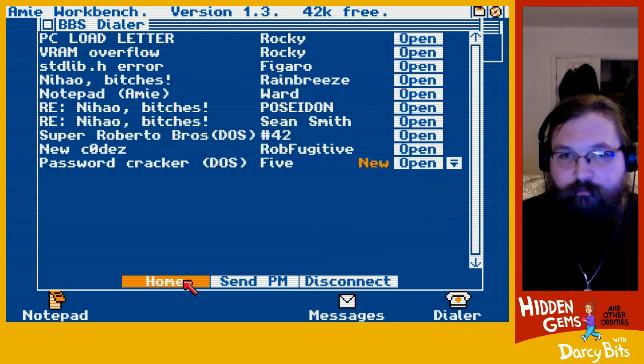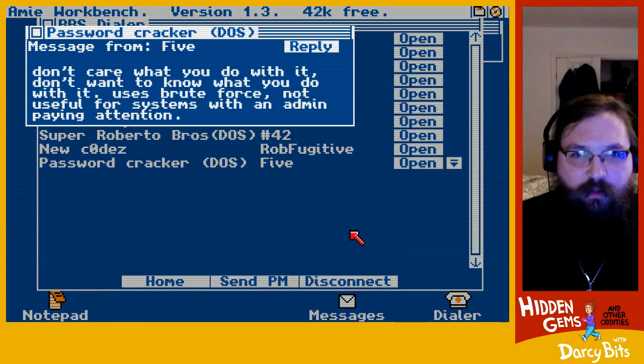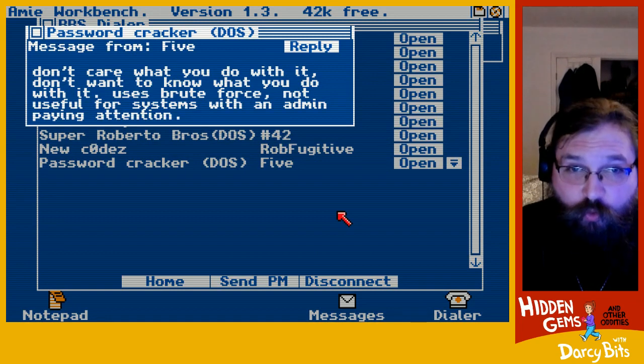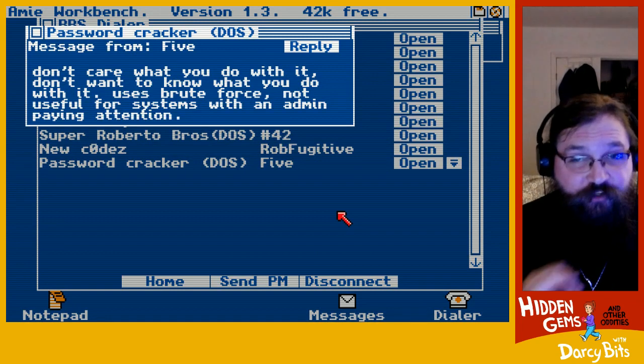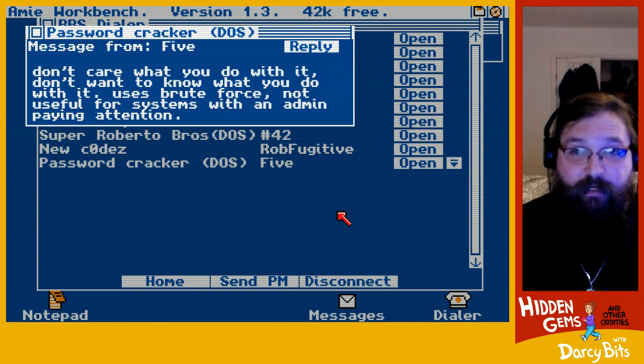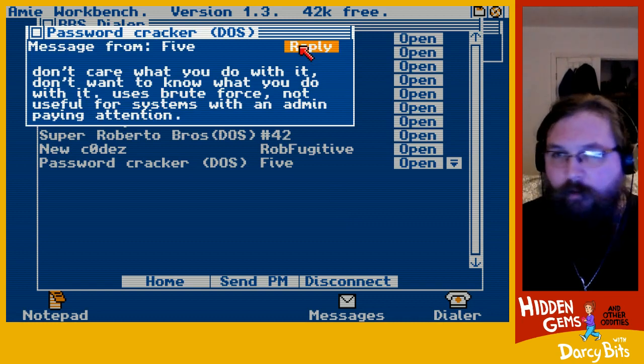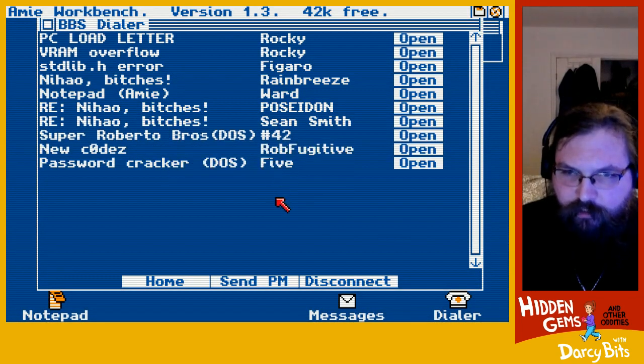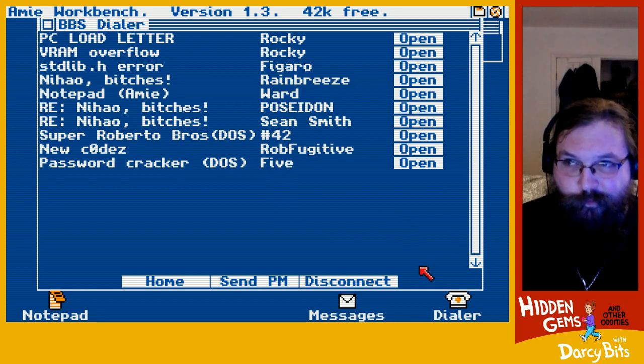Any new messages? Oh! Password cracker. DOS 5. I don't care what you do with it. I don't want to know what you do with it. Uses brute force. Not useful for systems with an admin paying attention. This is for DOS. Do you have one that's not for DOS? Really cool. I'll be pretty into that.